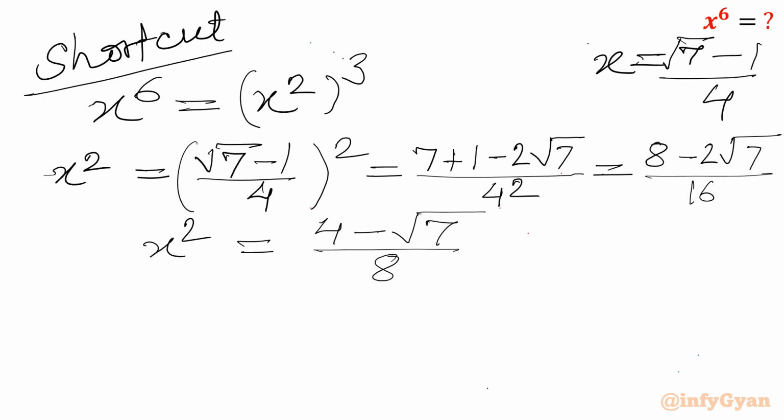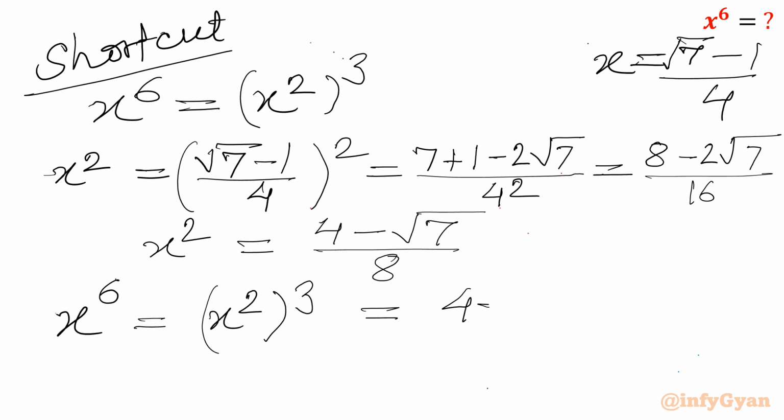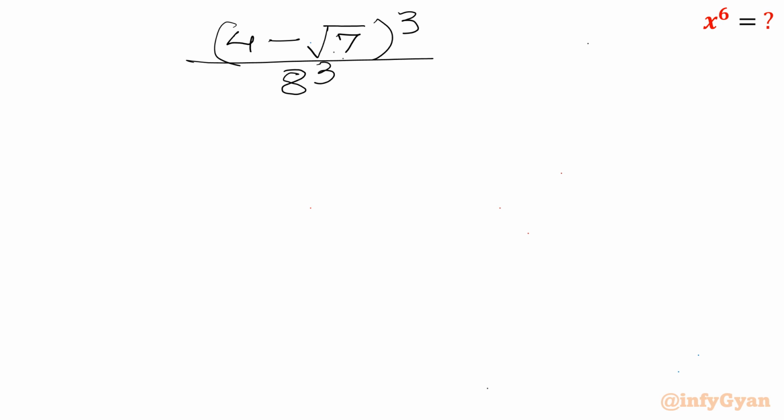Now we have to consider cubing of this. So x power 6 will be x square whole cube, and x square is 4 minus square root 7 over 8 whole cube. Let us calculate here. 4 minus square root 7 whole cube over 8 whole cube.